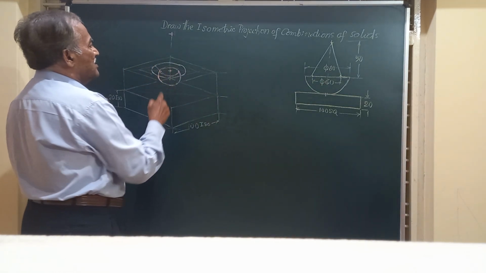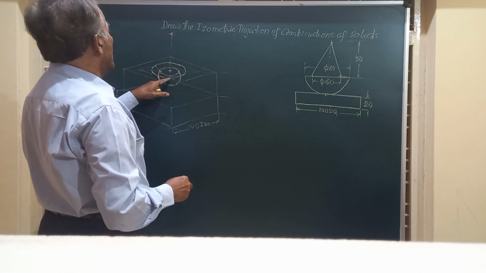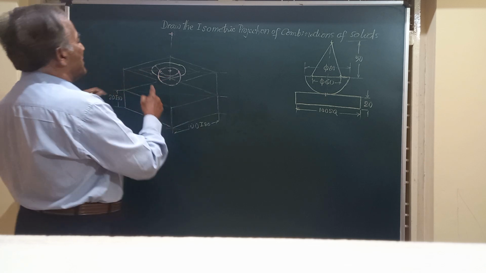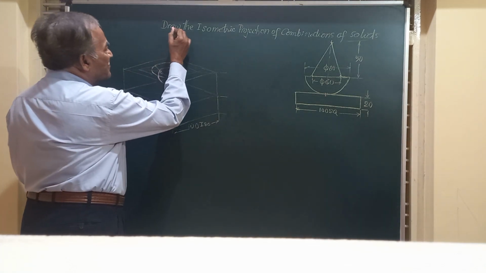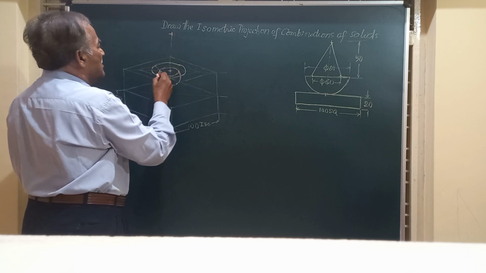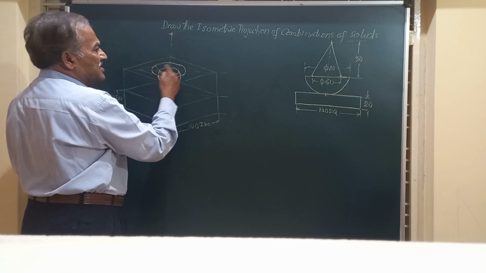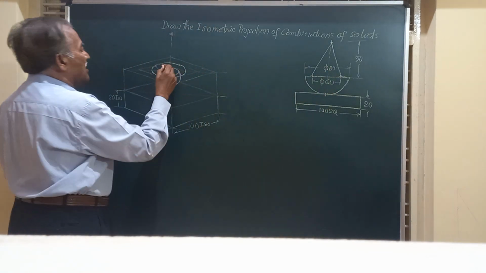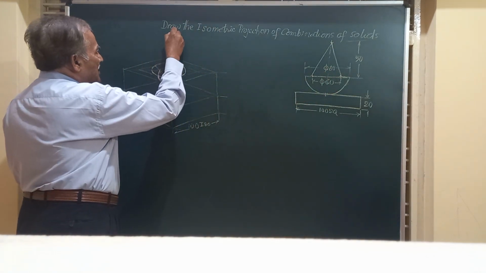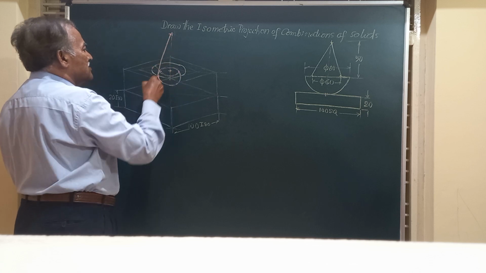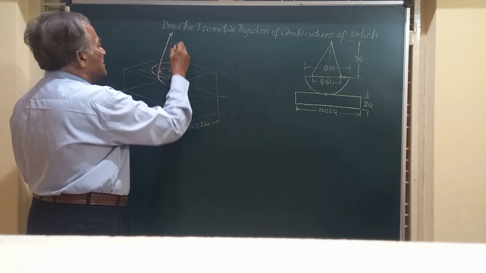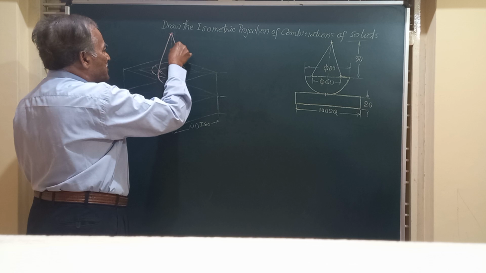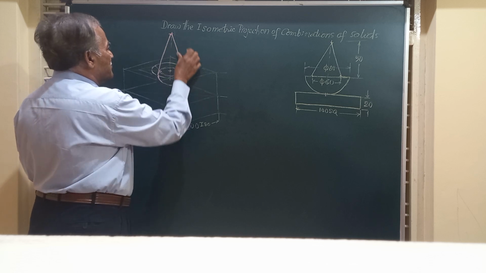Now friends, for this we have to join this by drawing lines tangential from the apex to this line or the center of that. That is 60 mm diameter. I am going to draw a line tangential to this. Similarly, friends, another line tangential from there to the same ellipse.